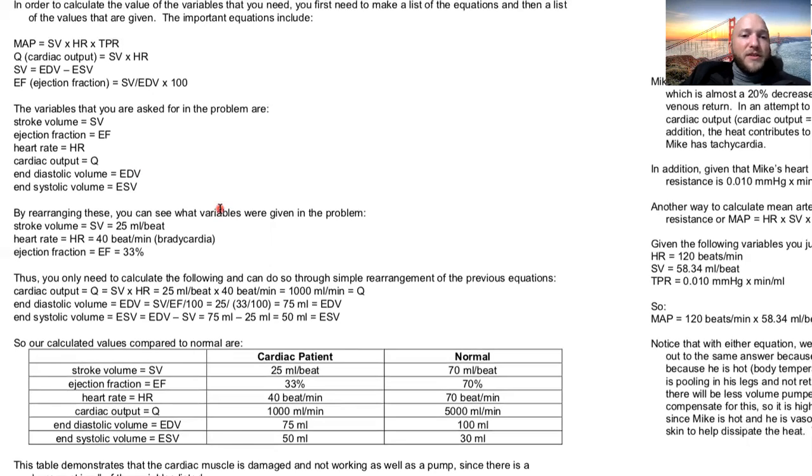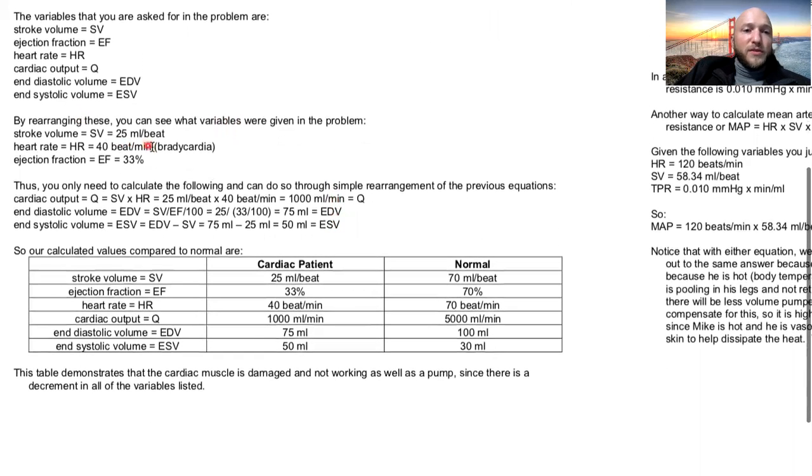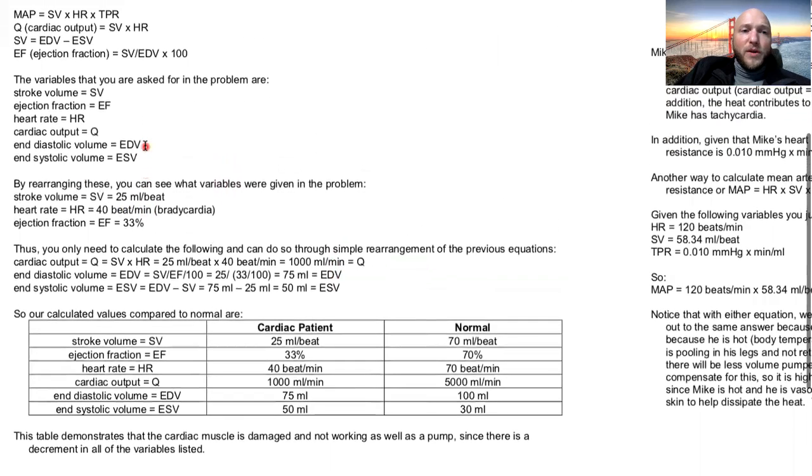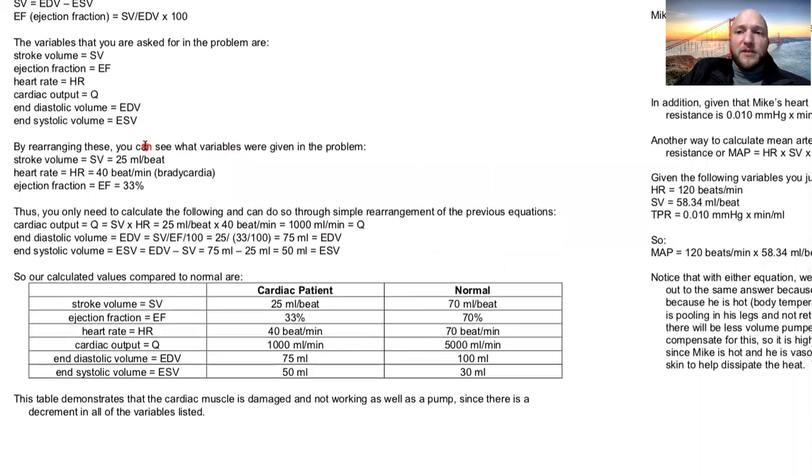So by rearranging these, you can see what variables were given in the problem. So stroke volume is 25. Whenever you have questions like this, it's best to just lay out the variables that you have. And then you can look at your equations, look at the variables you have, and figure out which variables you don't have and do some math and figure them out.